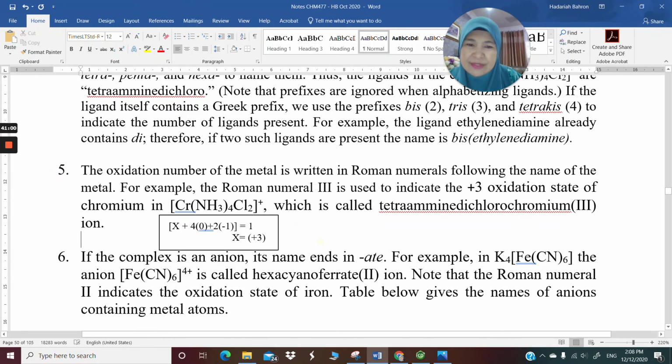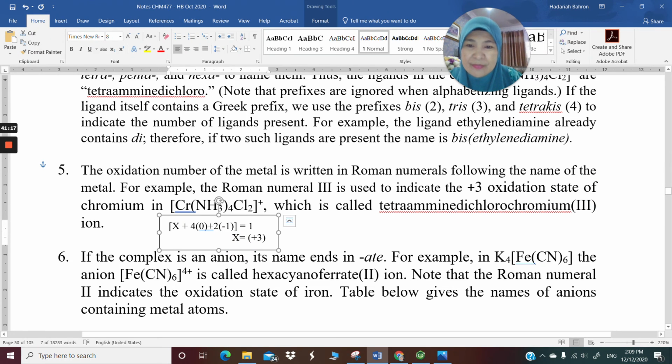So the name of this complex ion, which happens to be a cation, is called tetraamminedichlorochromium 3. No space. Yep.